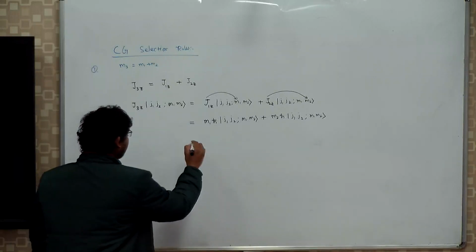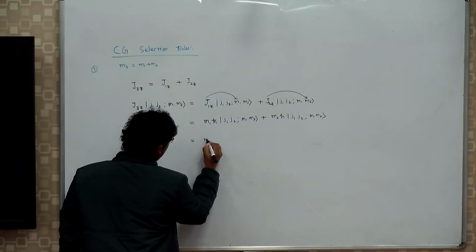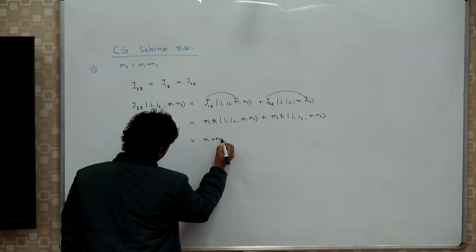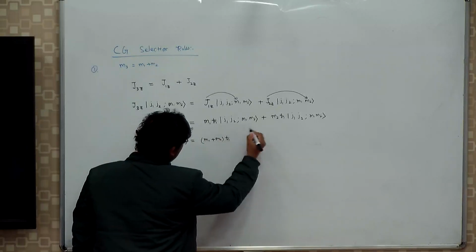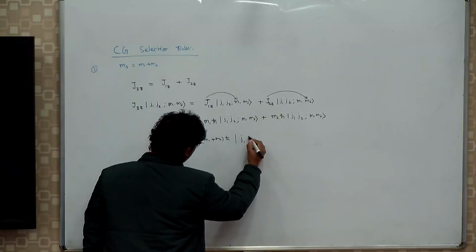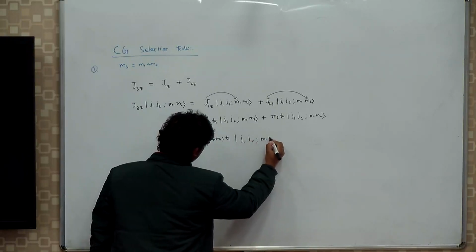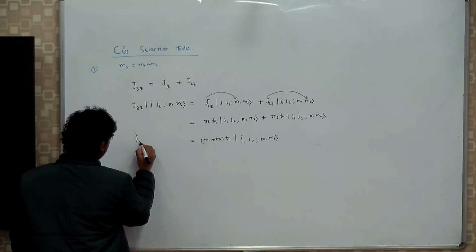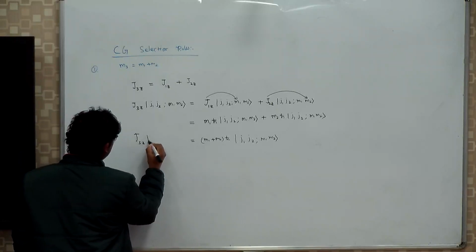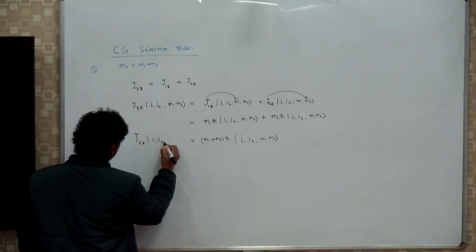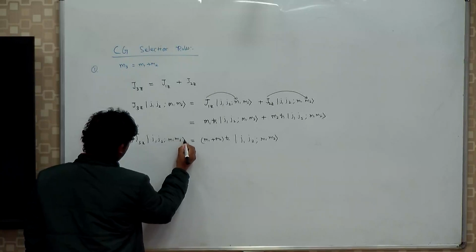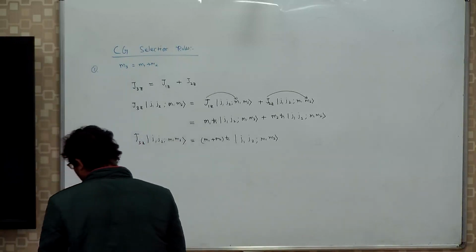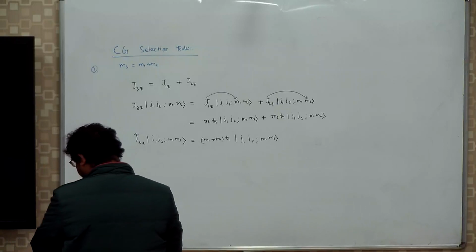If you take out M1 plus M2 times ħ as common, we will get J3Z acting on |J1, J2, M1, M2>. Fine, you keep this value.